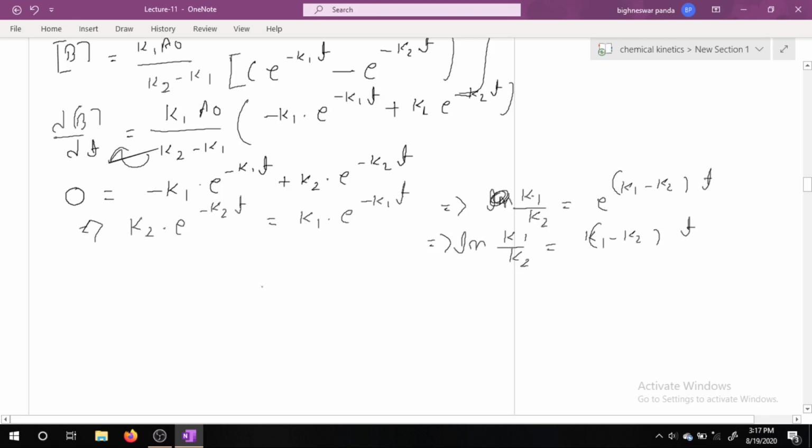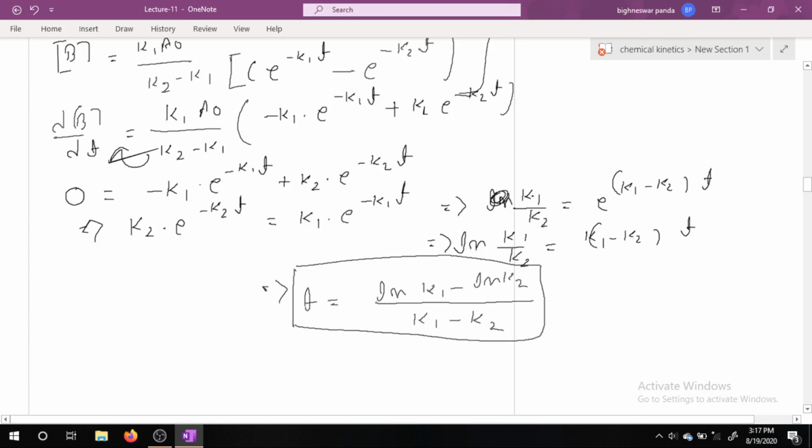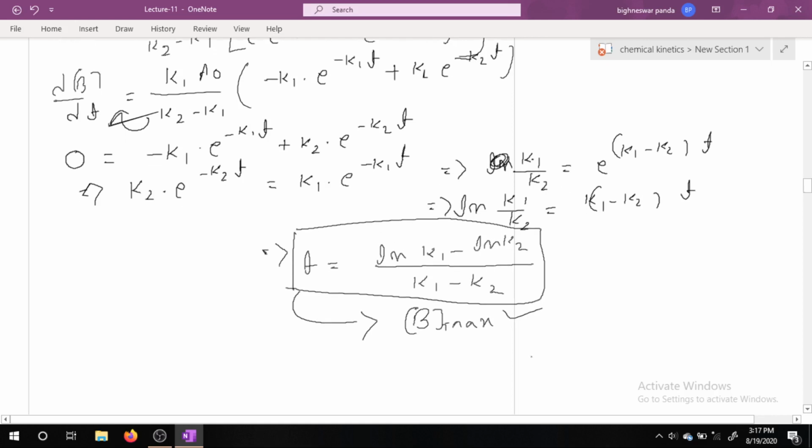Here I can calculate t is equal to ln K1 minus ln K2 divided by K1 minus K2. So this is the time at which the concentration of B is maximum.